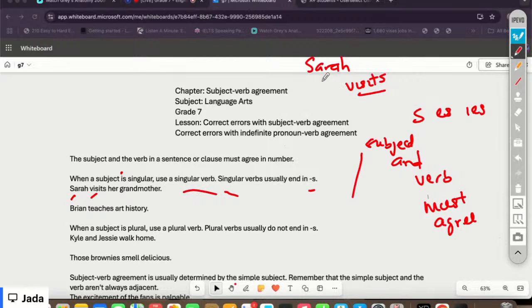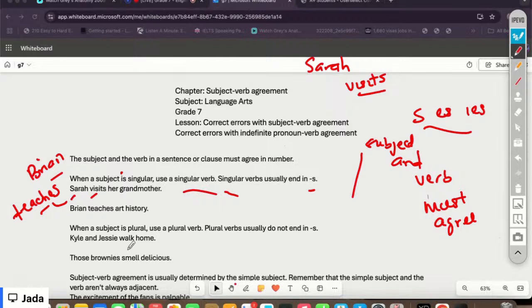So once you have a singular subject, your verb needs to have either s, es, or ies. Then we have, Brian teaches history.